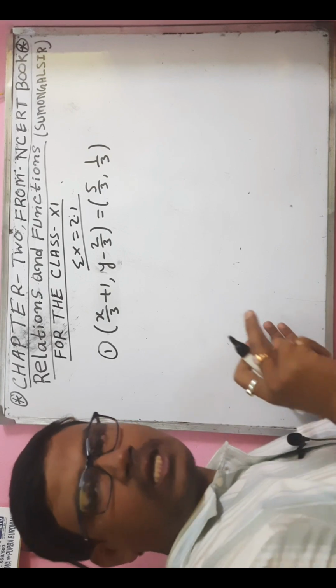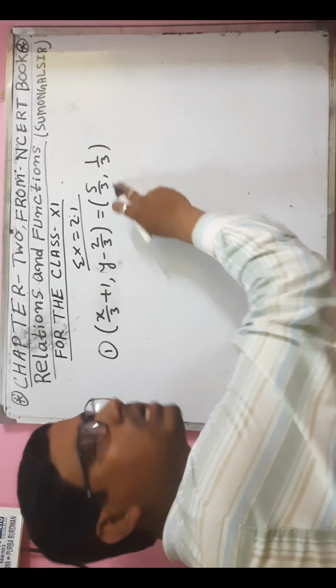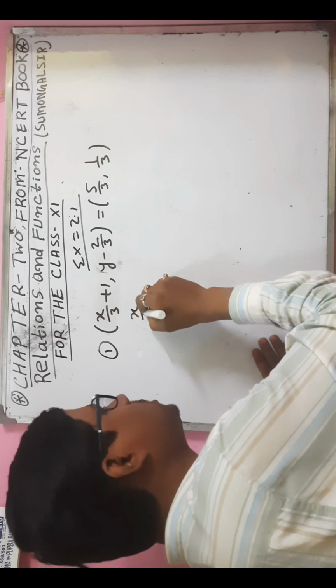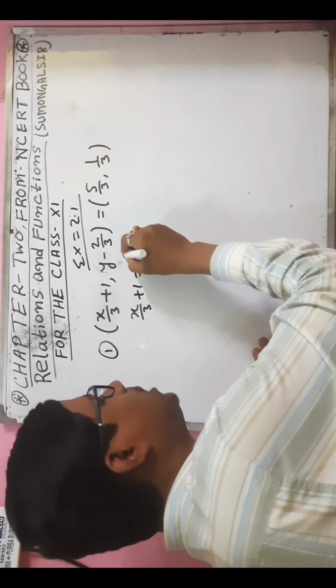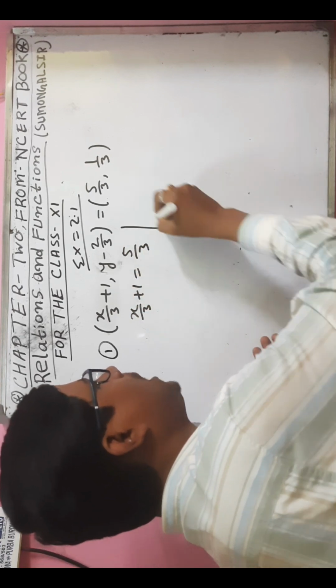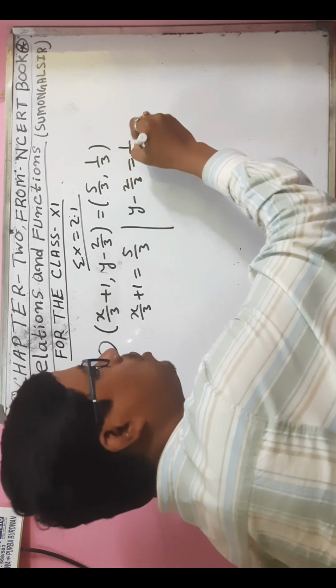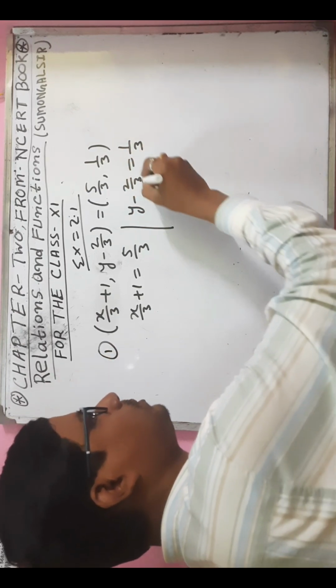Since the two are equal, the first elements are equal and the second elements are equal. So x/3 + 1 is equal to 5/3 and y - 2/3 is equal to 1/3.